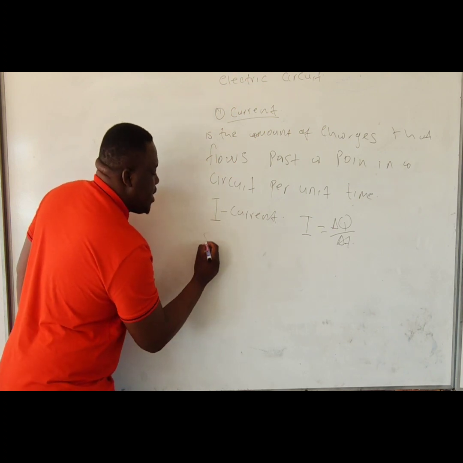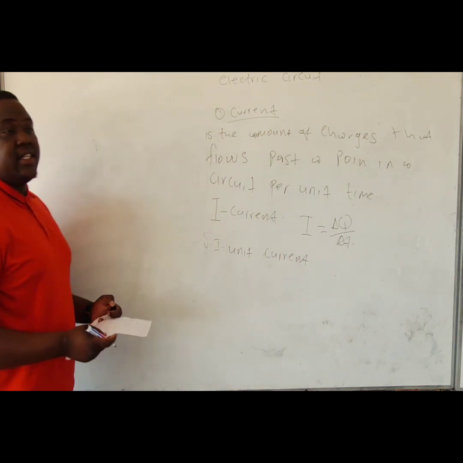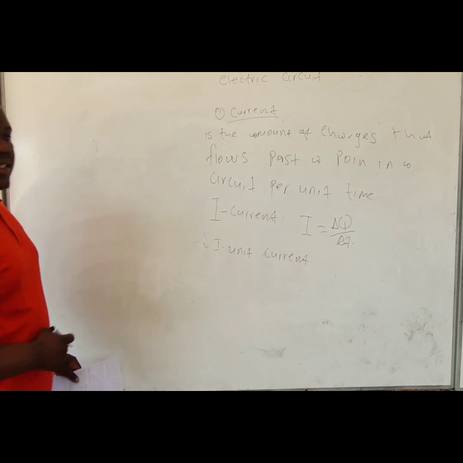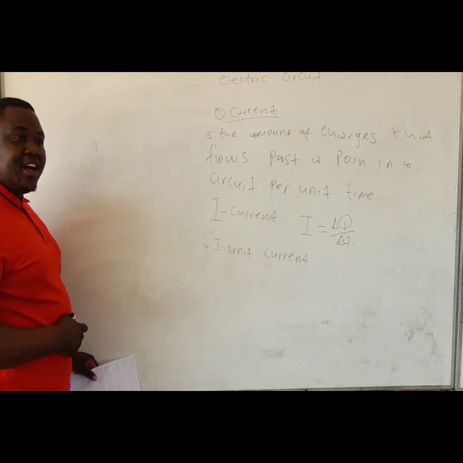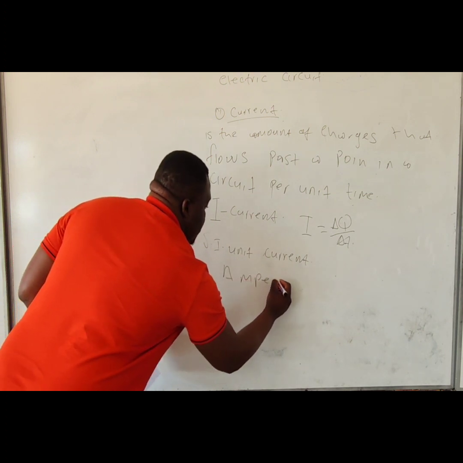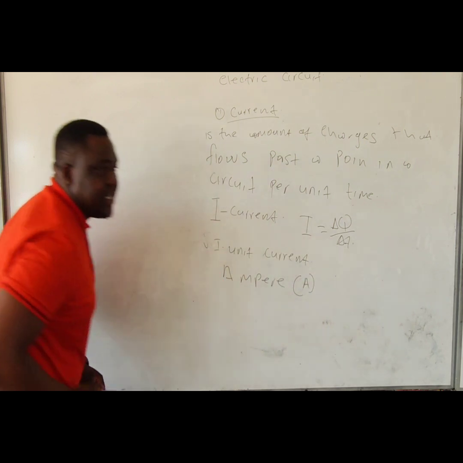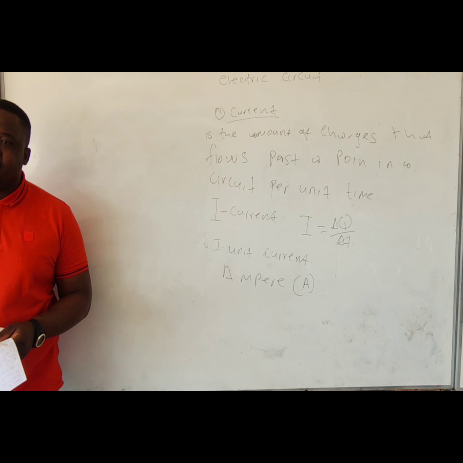The SI unit for current is the ampere, which we represent by capital letter A. I heard you saying ammeter, so let us clear the confusion.